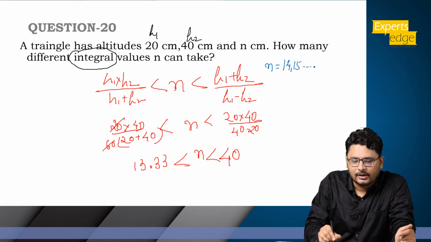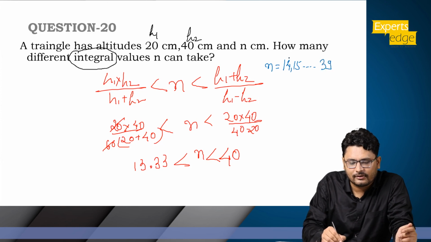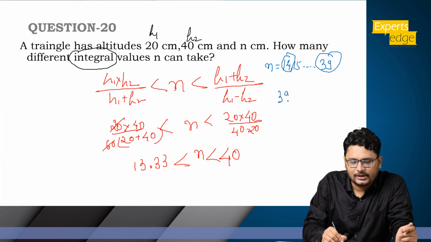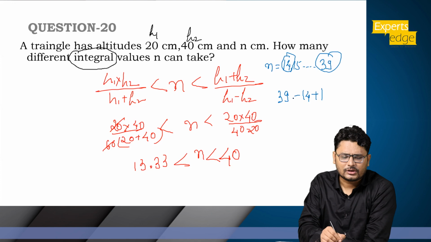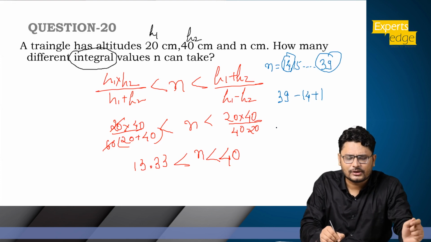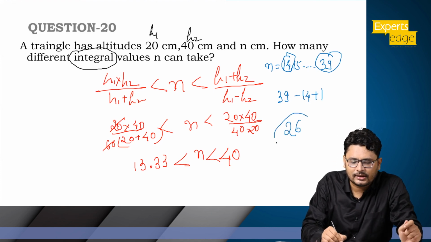The max it can take is less than 40, that is 39. So how many values are there from 14 to 39? We calculate 39 minus 14 plus 1. 39 minus 14 is 25, plus 1 is 26, which should be the correct answer of this question.